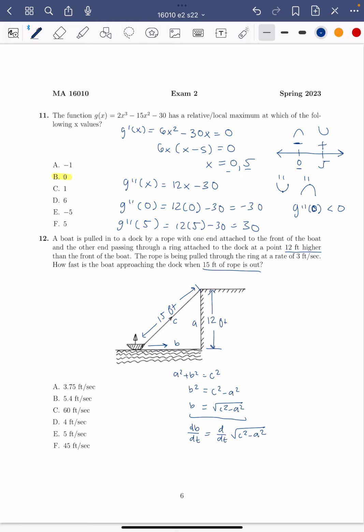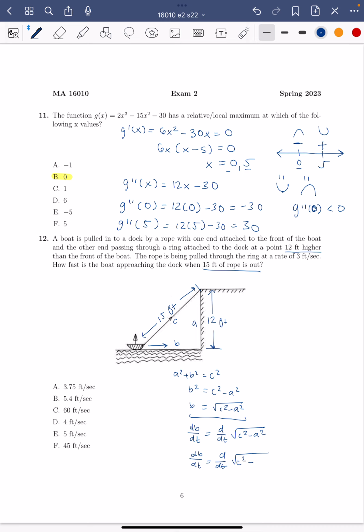Now, we know a is a constant. The dock is not going to be any lower or higher than it is in the given problem. So we can plug in 12 for a. Rewriting, db over dt equals d over dt of the square root of c squared minus a squared, where a is 12.